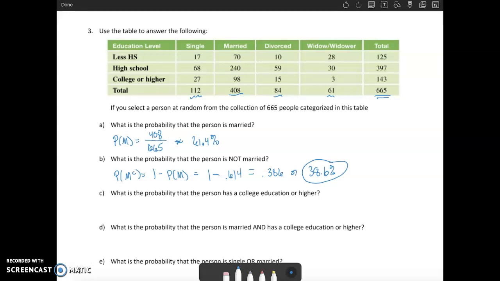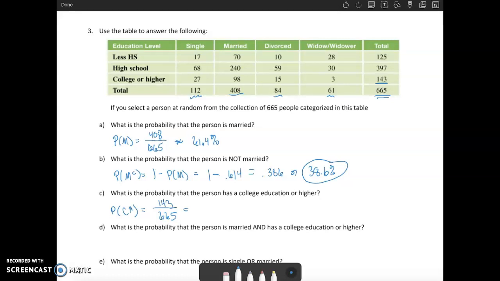What is the probability that a person has a college education or higher? I'm going to call this P of C or higher. Still out of that total 665 people, how many have college or higher? Well, that total is actually over here. That's a row, so the college or higher total is 143 people.